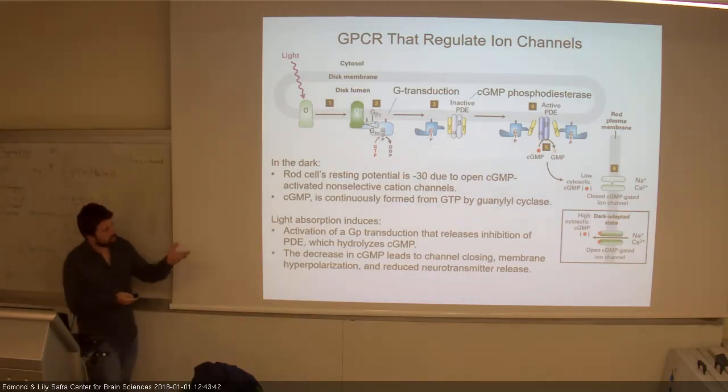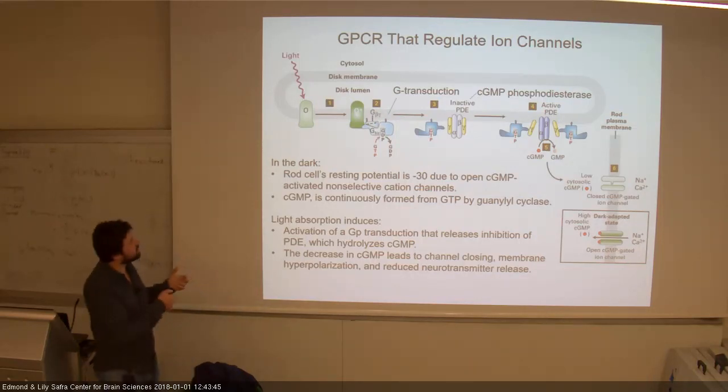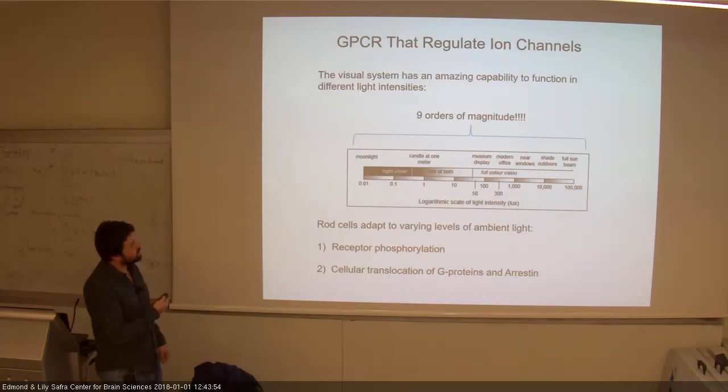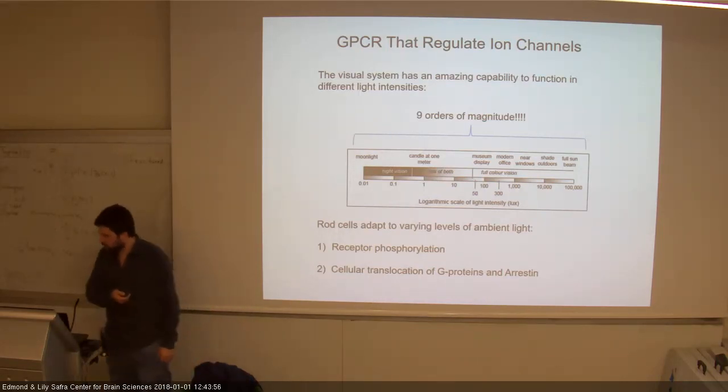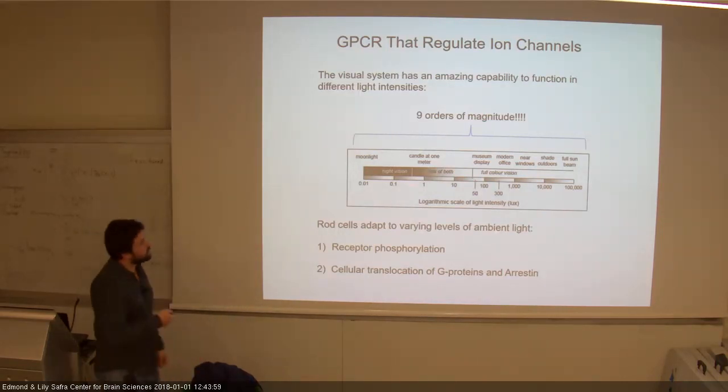But what it does do is allow a single photon to create a very large cascade of signal, and this is actually what helps our visual system to detect the single photon. And in the next class we will elaborate about these orders of magnitude. But in general, you should know that human vision is something very extraordinary, especially in the ability of our visual system to detect different intensities of light.